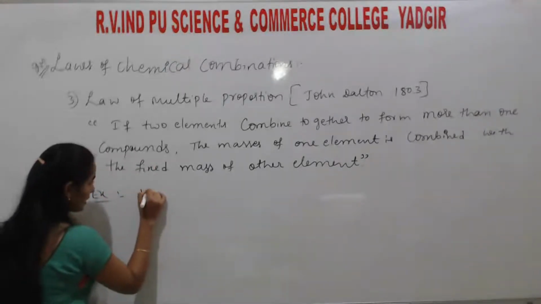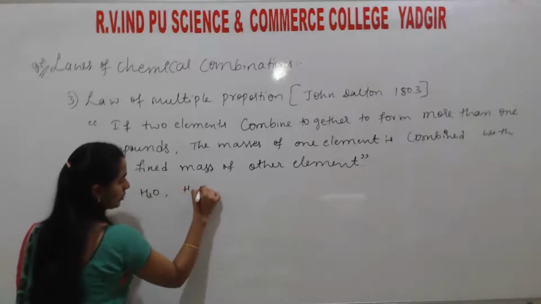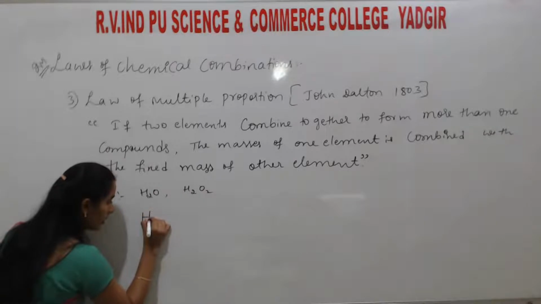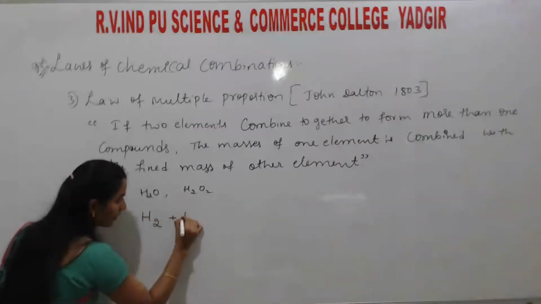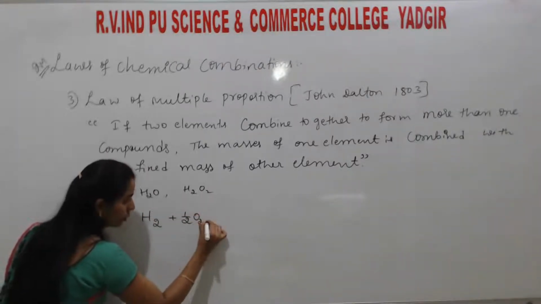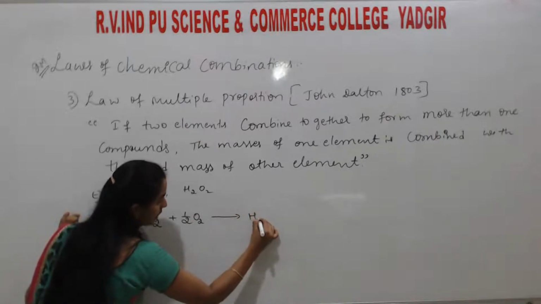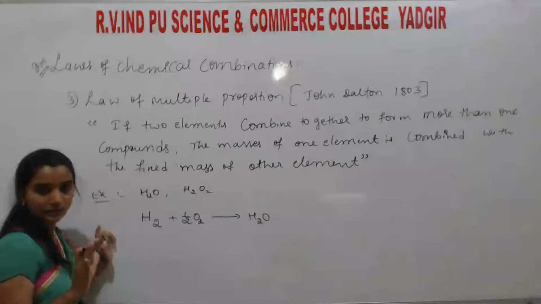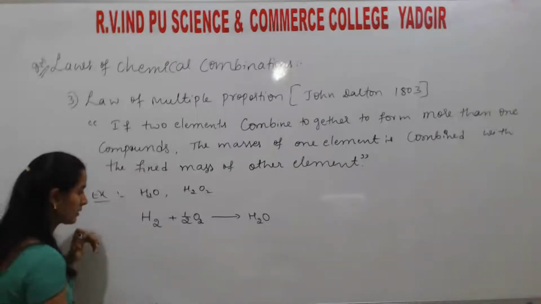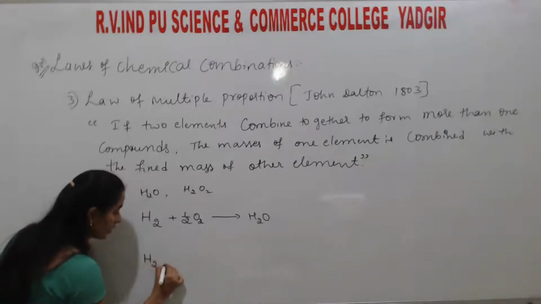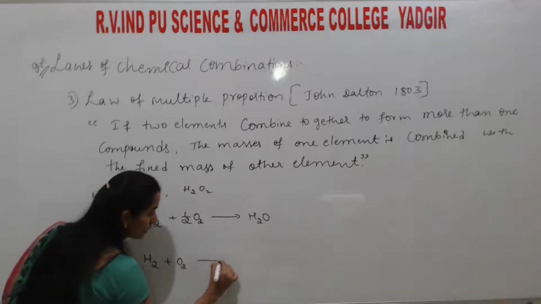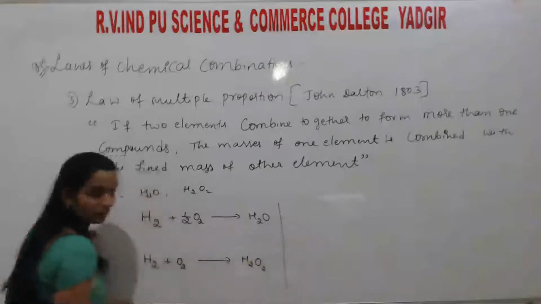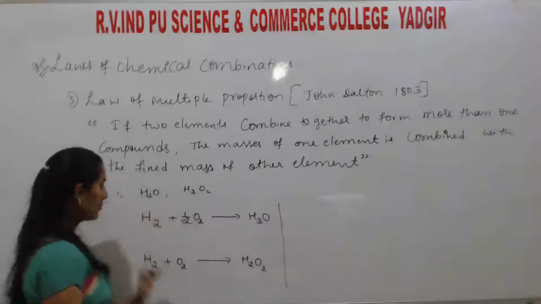So I'll take the example here: H2O and H2O2. You can easily understand. Here, H2 combines with half O2 to give rise to H2O. Next, H2 combines with O2 to form H2O2.